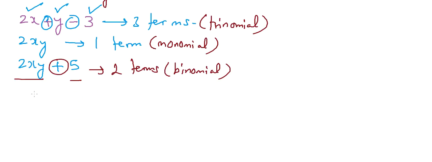Okay, let's take another monomial, say 3x square y. So is this a monomial, and there is something called coefficient.